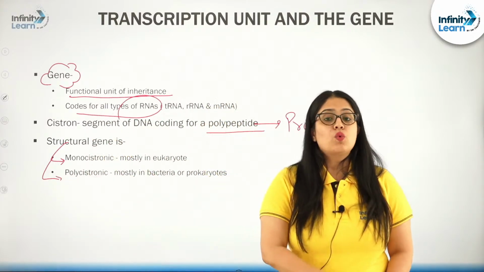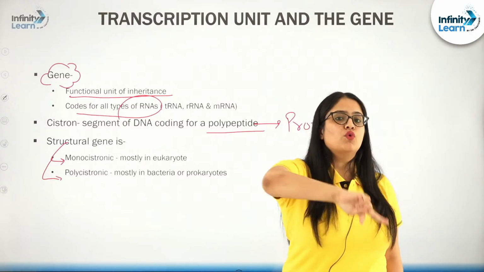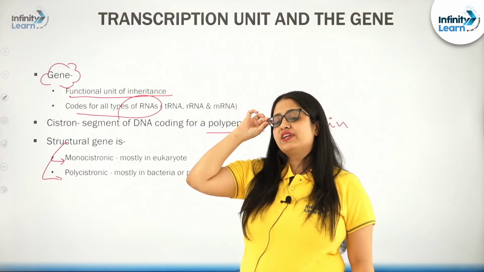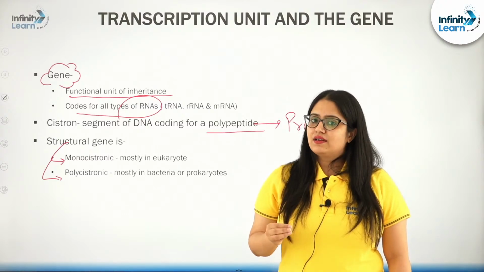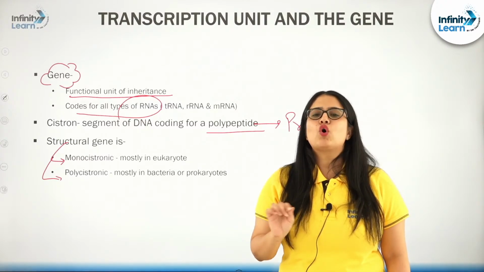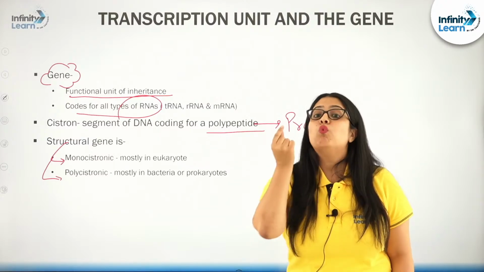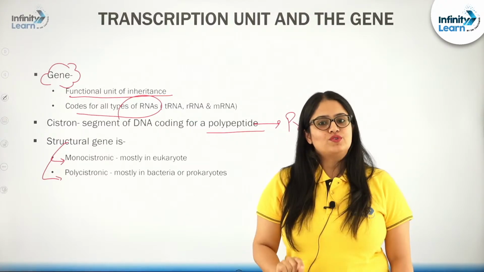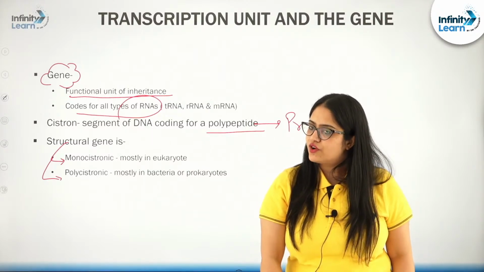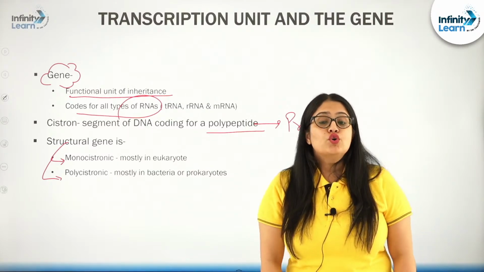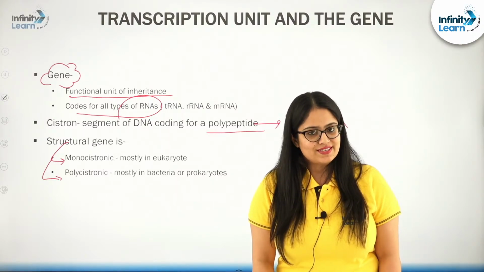Listen to this very carefully, the difference between monocistronic and polycistronic structural gene. Whenever I say a structural gene is monocistronic, that means from that particular structural gene, one type of protein can be synthesized, and such monocistronic structural genes are most common in eukaryotic cells.